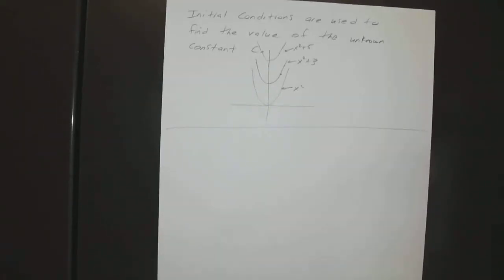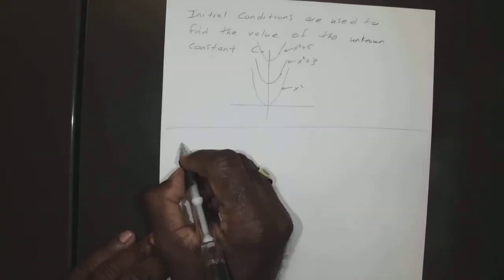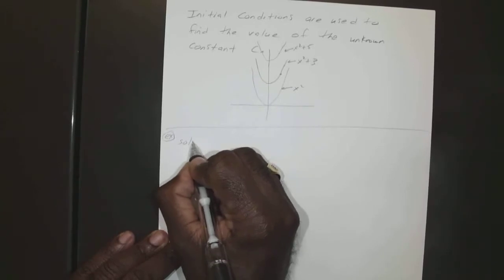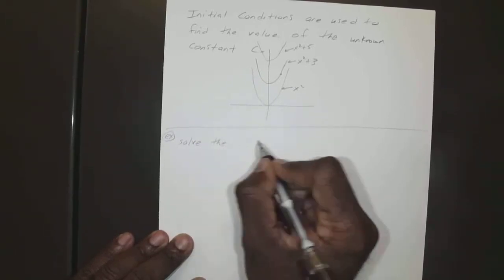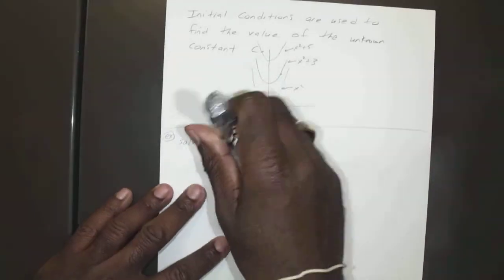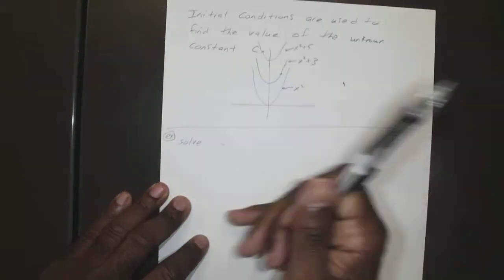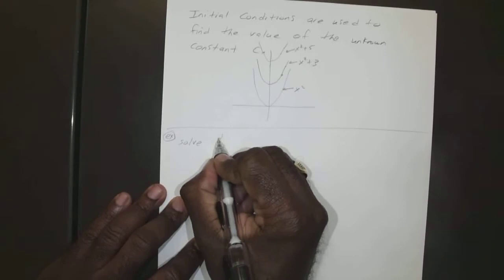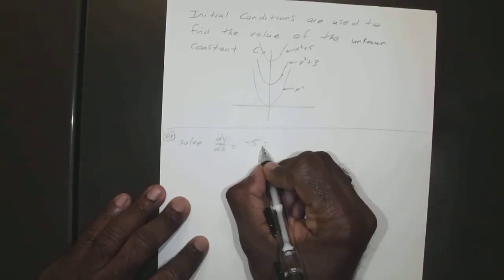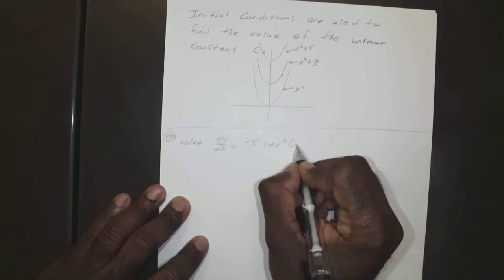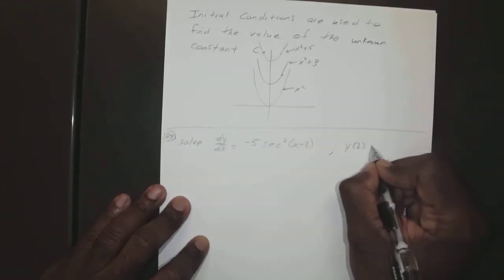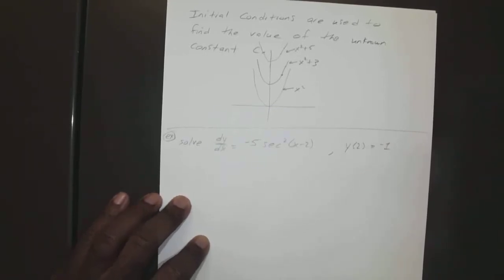Okay, so let's say, for example, let's just say solve dy/dx equals -5 secant squared of x minus 2, where we know y of 2 is equal to -1.